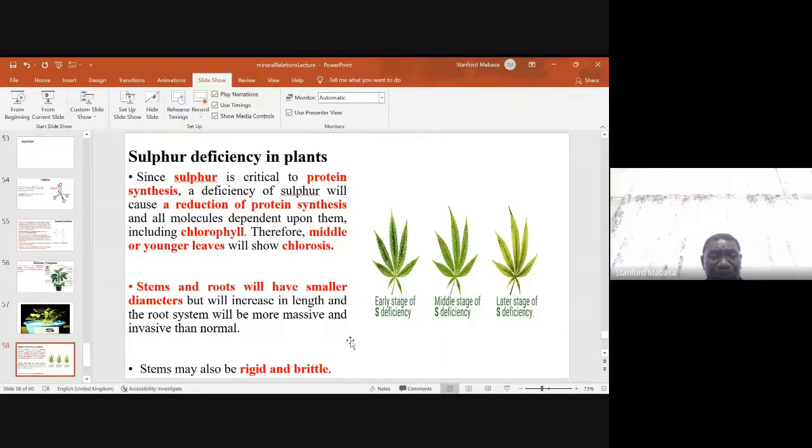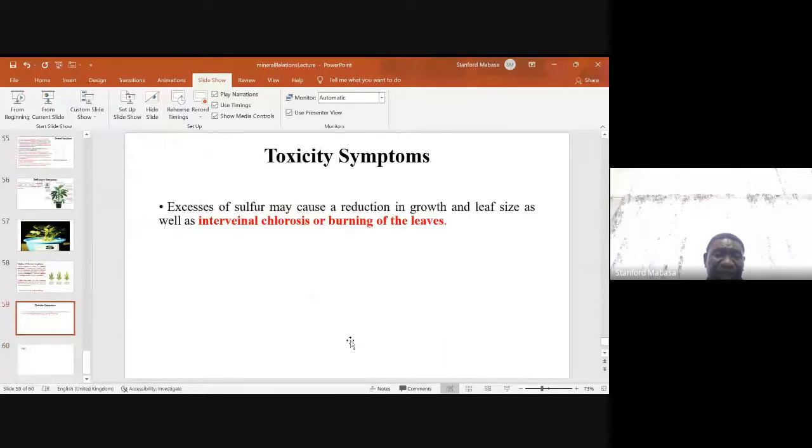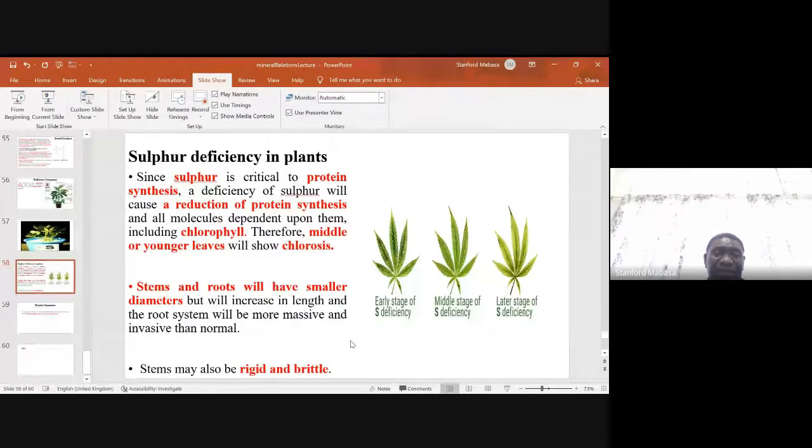Stems and roots may have small diameters, but you may not get this effect easily. It's not easy to distinguish whether the diameter is reduced or not. But the stems can easily break in the absence of sulfur, which we call brittleness.